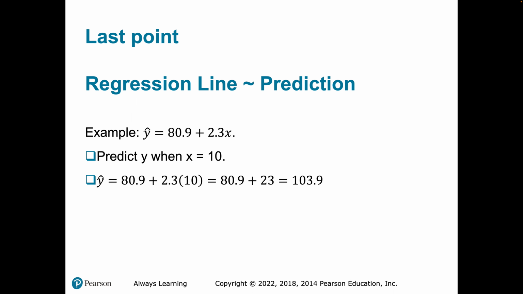So if our regression model is y hat equals 80.9 plus 2.3x, we could predict y when x is equal to 10 just by inserting 10 into our model and multiplying and adding. So our predicted value would be 103.9. All right, gang, there's a lot more to it. We'll get into residuals, and I'll get into a lot of stuff. But I think it's a cool concept.